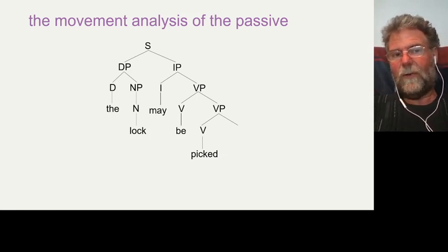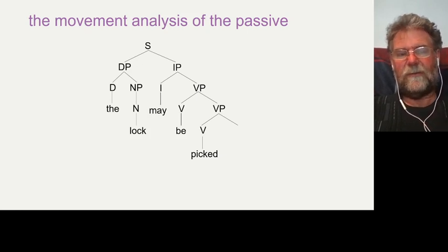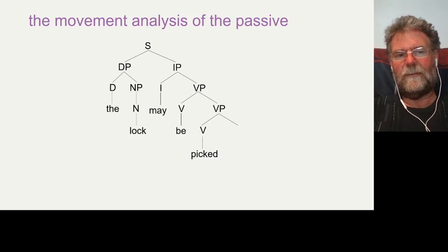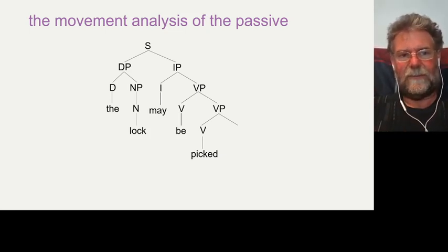The reason, therefore, why passive and active sentences mean similar things is precisely because they have the same structural arrangement, at least before anything moves. So before anything moves, the object is the object of the verb and gets interpreted as the object.